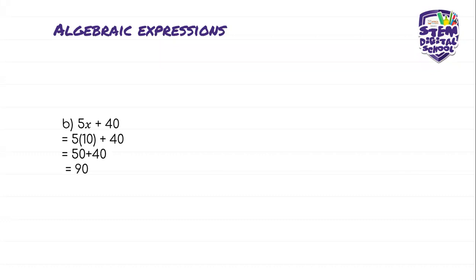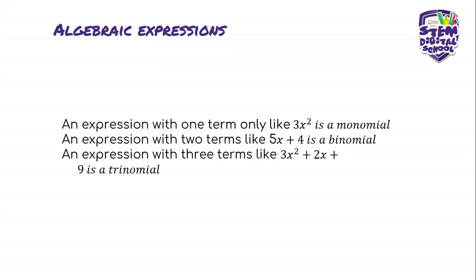So B and E will definitely be the same, because in E as well, you can see this is 40 plus 5x. So you have just swapped the two. So this becomes 40 plus 5 open bracket 10. So 5 times 10 is 50, and 50 plus 40 is 90. So you can see that B and E are the same.